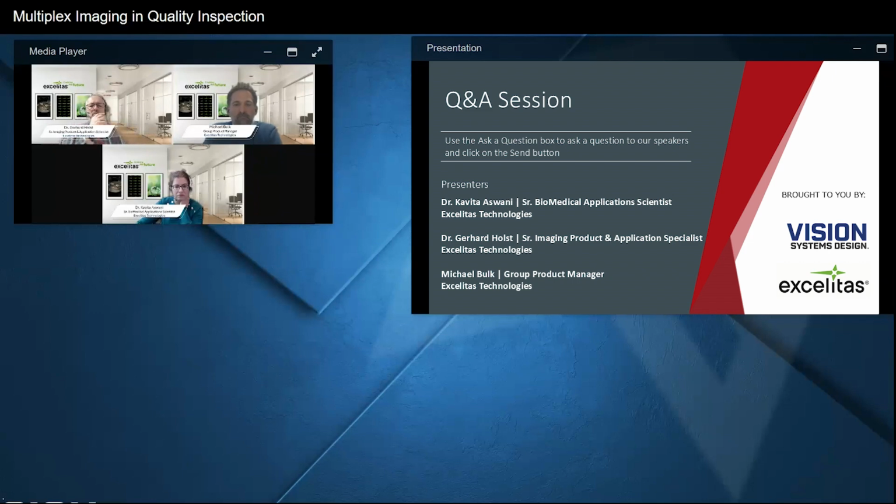Could you handle a mid-scale building size with multispectral illumination delivered from a high-power source via optical fiber combined with appropriate camera systems? I would say yes. But well, what would you say, Kavita, concerning the illumination?